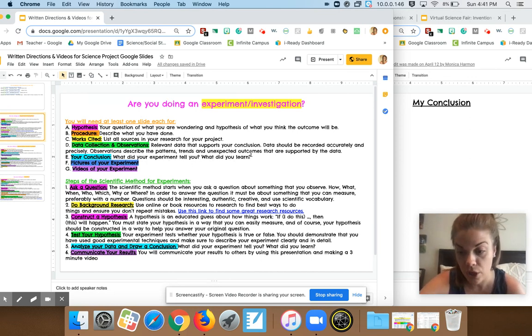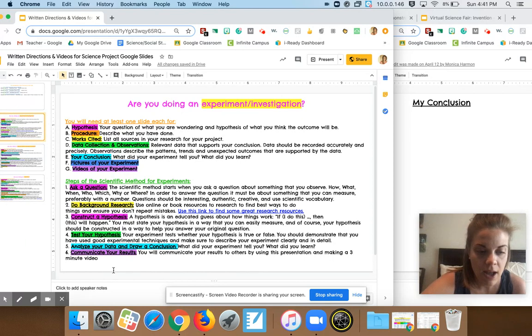What did you learn from doing that experiment? That's what you're going to write about here. If you want, you can also include pictures on this slide of your experiment. That's totally fine. But you should have quite a bit of writing here about what your experiment told you and what you learned from your experiment. This is a big slide because this is really the conclusion of your project.